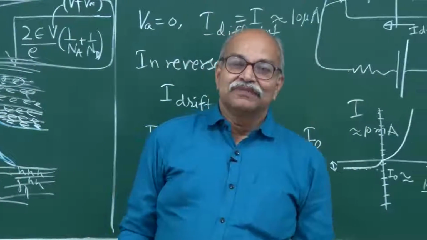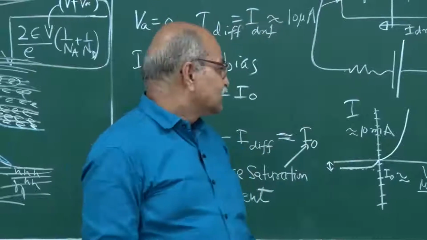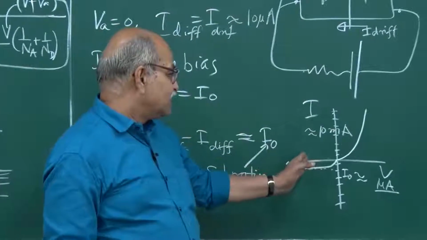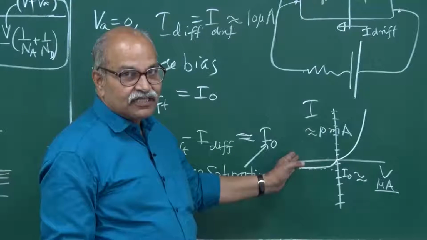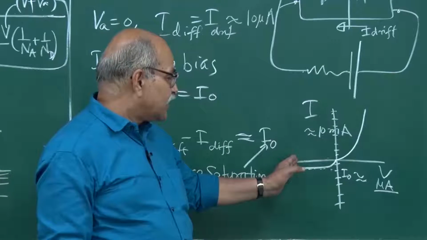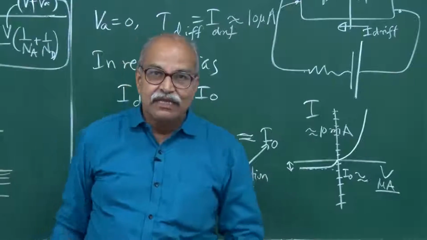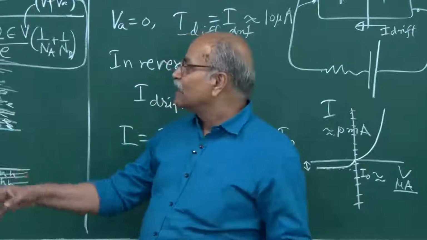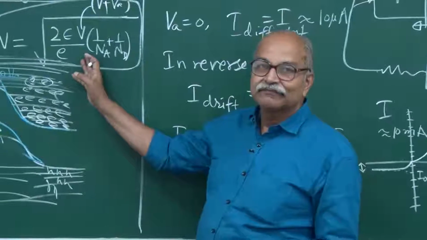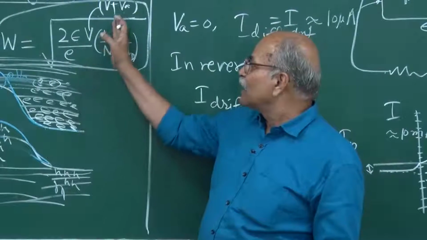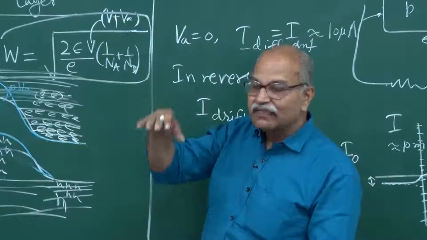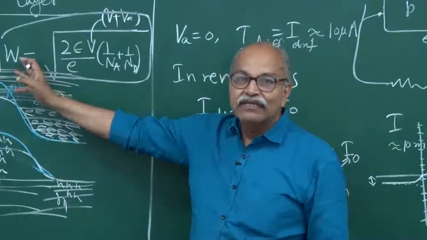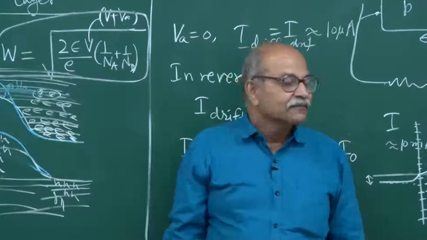So, now let me talk of what happens if I have a very large reverse bias voltage. Large reverse bias voltage also means a wide depletion layer, this equation. If you apply a large reverse bias voltage, you are increasing the barrier, and therefore you are widening the depletion layer.